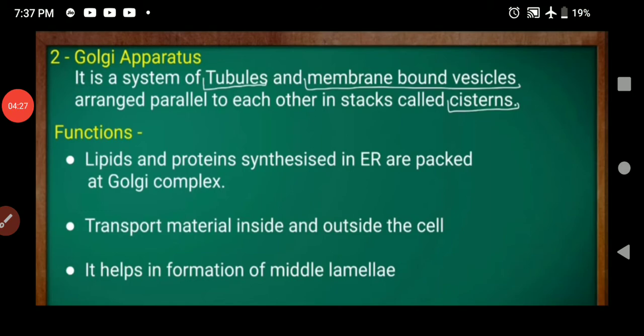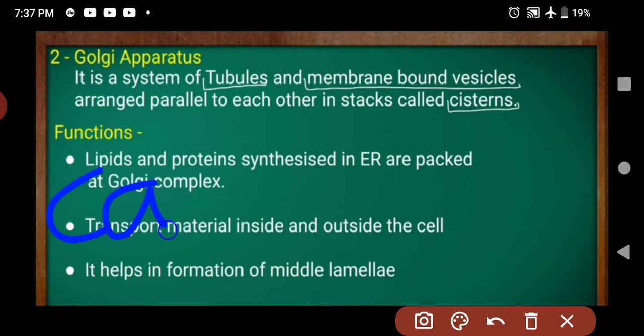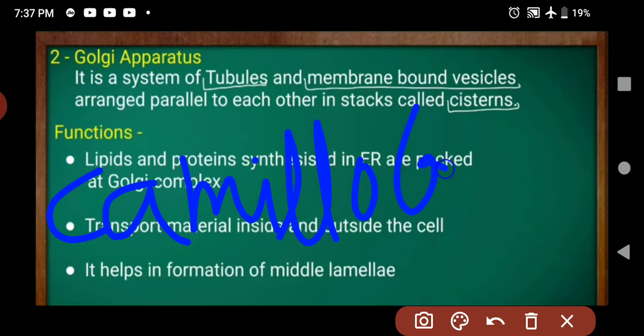Now see, Golgi apparatus. Camillo Golgi described the Golgi apparatus for the first time in 1898.